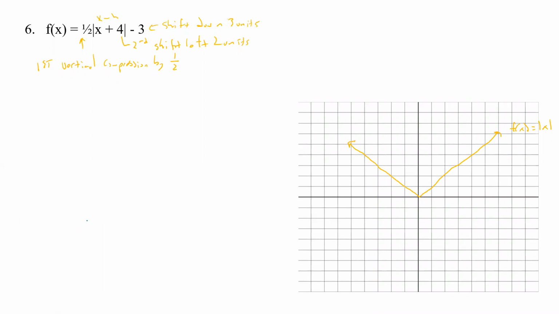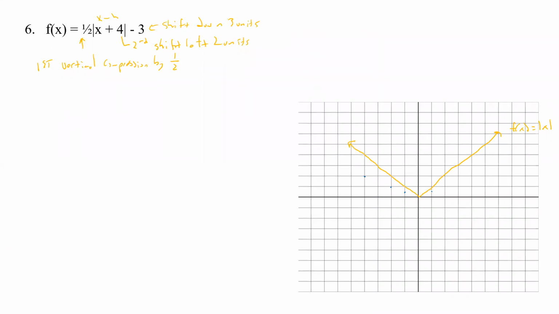So let's go to blue. And so we have a vertical compression by 1/2. So what does that mean? If we had initially a 1, it's going to go down to a 1/2. If we initially had a 2, it's going to go down to a 1. If we say there's a 4, we're going to go down to 2. And same thing over here.